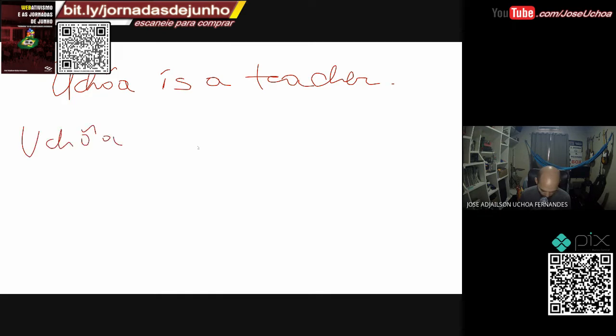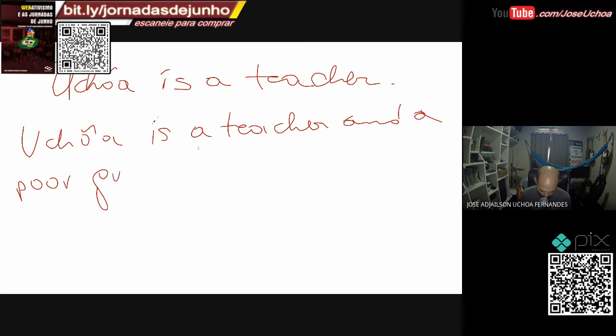Ushua is a teacher and a poor guitar player. Okay, what makes number one different from number two?